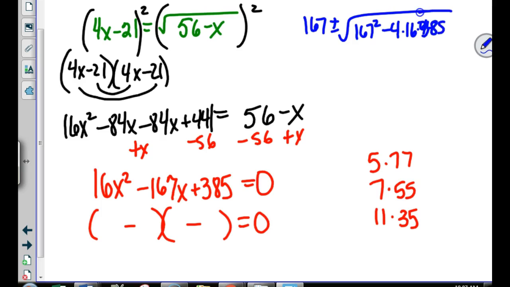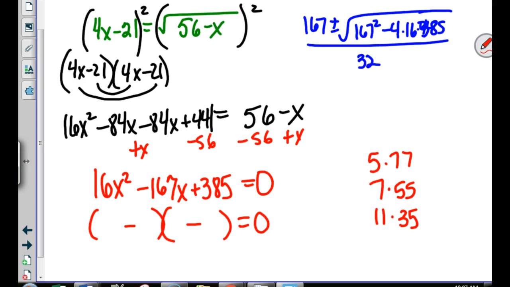Okay, someone just do underneath here. What's 167 squared minus 4 times 16 times 385? I got 3249, which square roots to become 57.